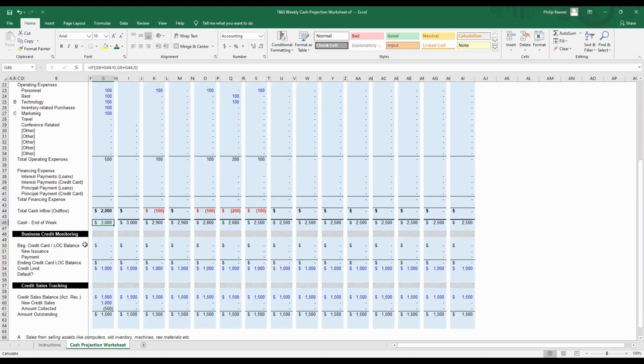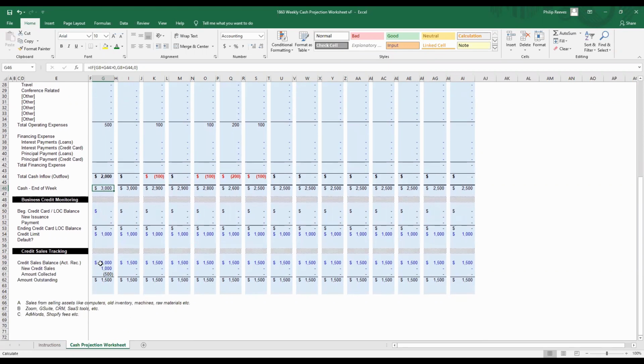This section below is where we're trying to monitor our credit cards, and we'll talk about that in a second. Same thing with credit sales tracking. What I'll describe quickly, for some businesses, we wanted to build this in here.